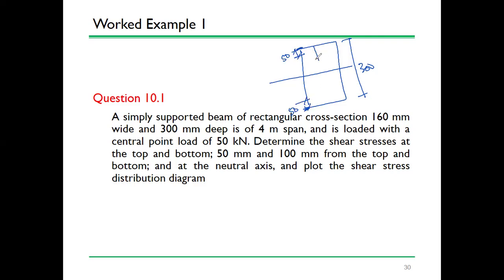And then we are to determine 100 from here, and 100 from here. And everybody should know that y is calculated from the neutral axis. So y either this way or that way. If we take this to be positive, this should be negative, and vice versa.